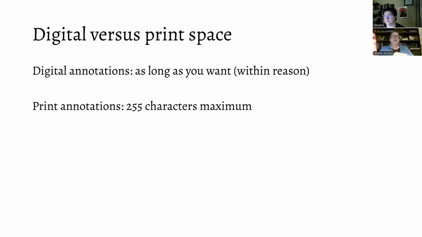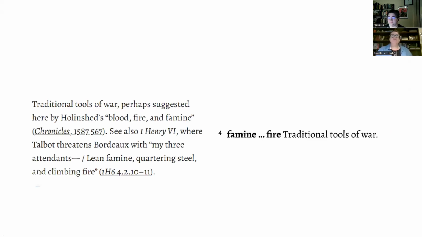So we don't actually have any overlong notes at the moment in any of our print galleys. The challenge there is to take that long digital annotation and prepare a print-only version of it. Navarra will show you in 2 weeks how that actually happens in your XML file. But let me show you what that might look like.